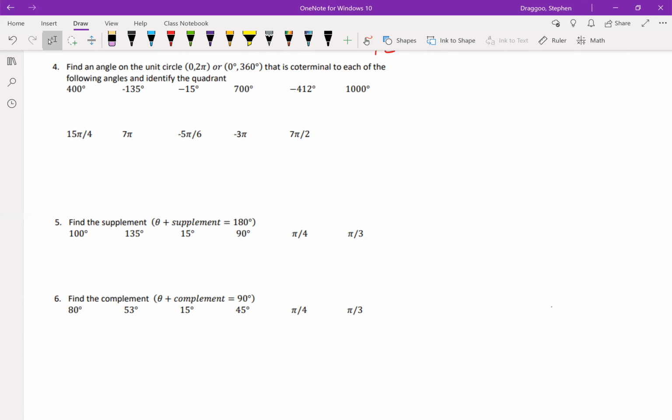So two coterminal angles might be one large angle and one relatively small angle, but if we compare their positions, they're looking in the same direction. So we have what we call the unit circle, which we'll get more into in a couple of weeks. But the unit circle looks at just the angles that exist between 0 and 360 degrees, or between 0 and 2 pi if we're working in radians.